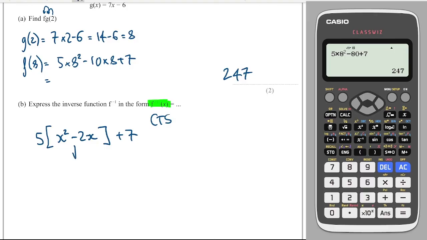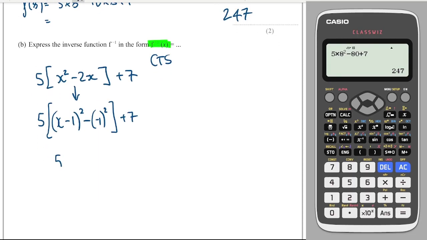And now we just complete this square. Well, the b term, excuse me, is minus 2. So that's the value I need to half. So I half minus 2 to get minus 1. And then I always take away that value, minus 1, squared. And that is still multiplied by 5, and then we add 7 to it.